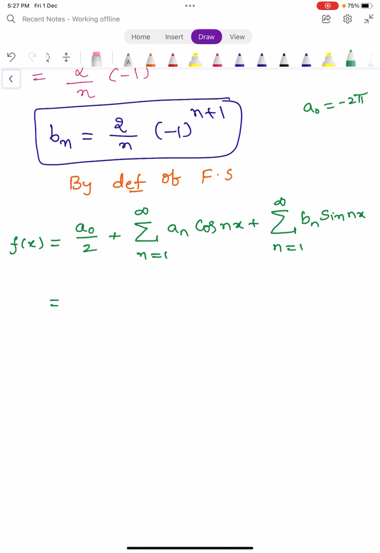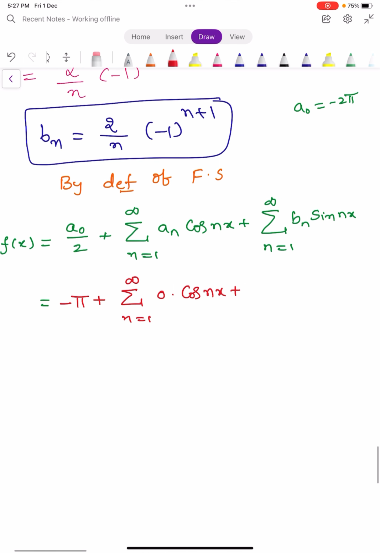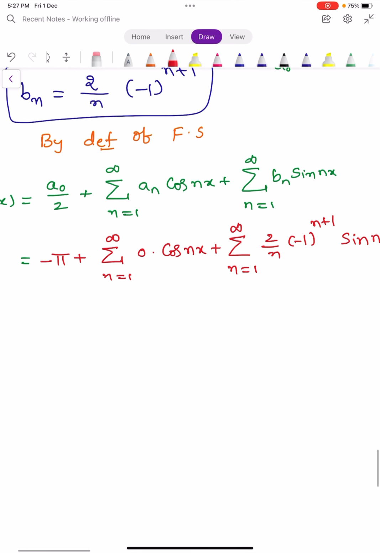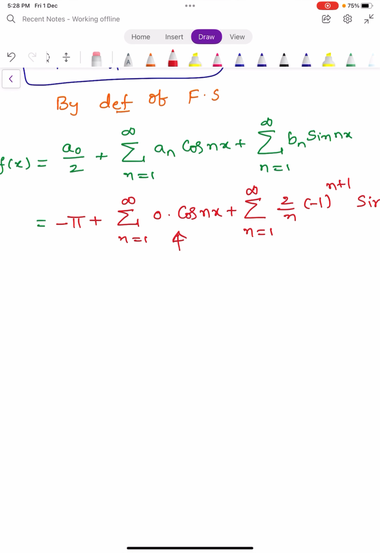So you simply get here minus pi plus summation n equals 1 to infinity, where a n is 0, 0 into cos nx, plus summation n equals 1 to infinity, where bn is 2 by n into minus 1 whole power n plus 1 sin nx. So the middle term completely becomes 0. You get minus pi plus 2 into summation n equals 1 to infinity of minus 1 power n plus 1 divided by n sin nx.